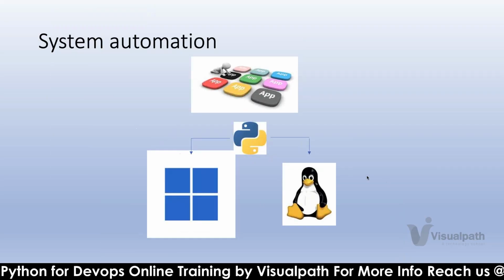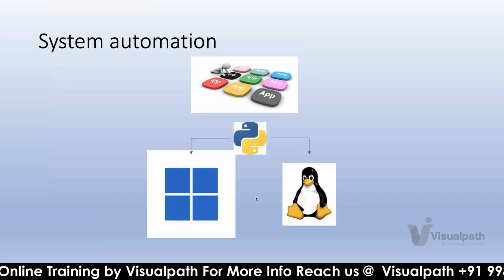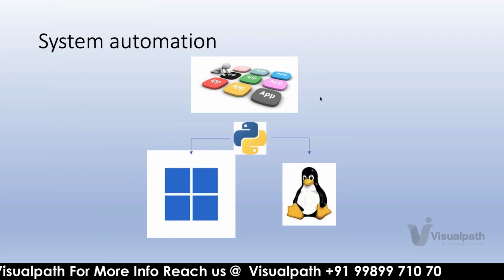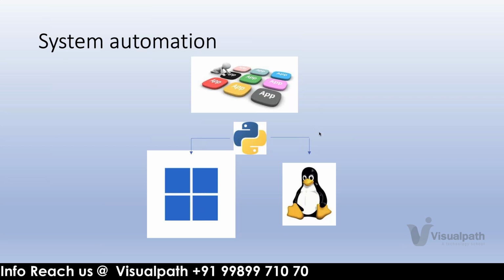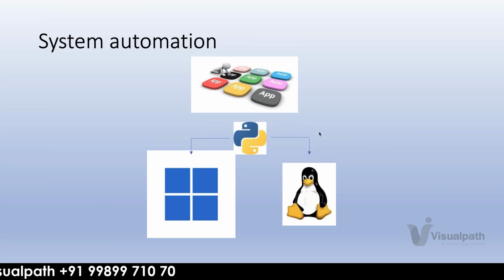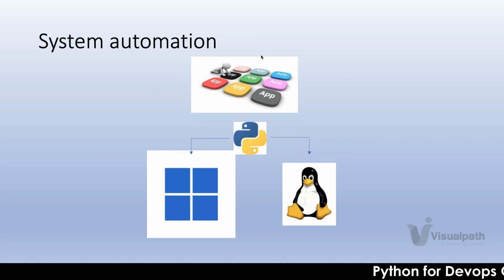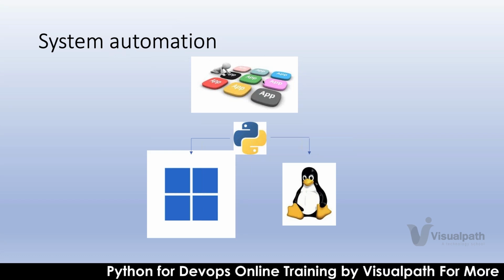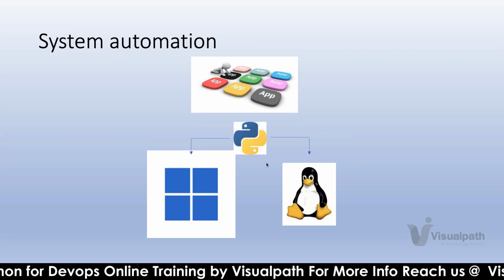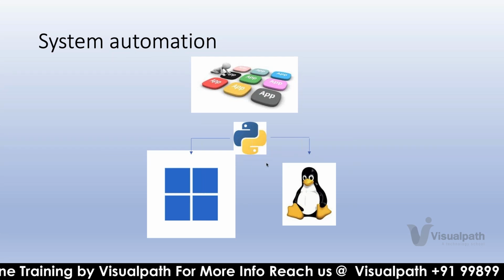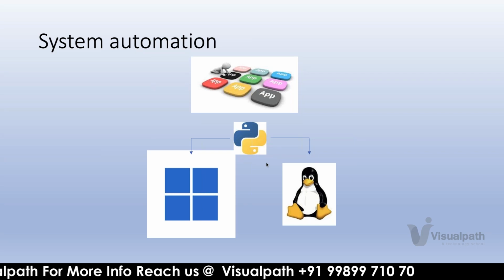Again, going about the system automation, I mainly divided our course into three parts, like system automation, then cloud APIs. Coming to system automation, it is something where we will write automations entirely dependent on the platform.